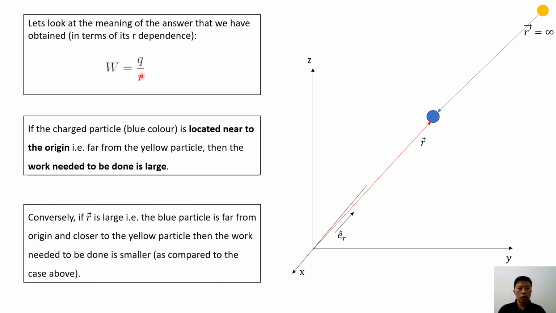Conversely, if this charged particle is very far away from the origin, let's say here, given by the red pointer, my r is going to be very large, and in the end my W is going to be small, because it is nearer to this charged particle, so the amount of work that I need to do is going to be small.